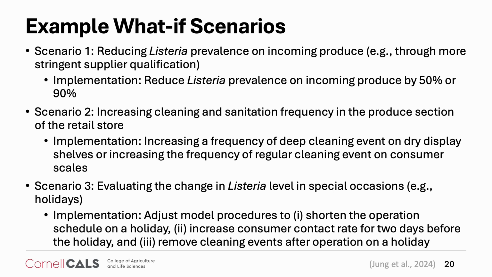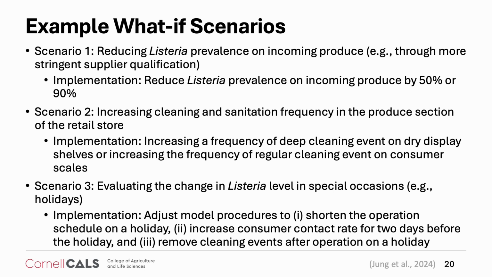So for example, if we were to simulate a month that has a Thanksgiving Day, usually there will be more consumers trying to buy ingredients to cook for the holiday. And since the employees working on that day at the retail store will also have a shorter day, there could be a decrease in cleaning frequency, or third-party deep cleaning events might be canceled.